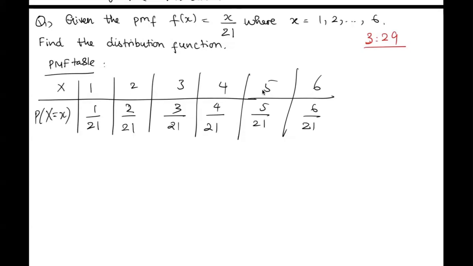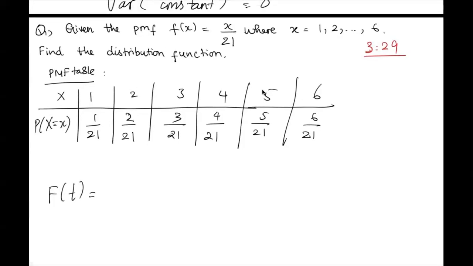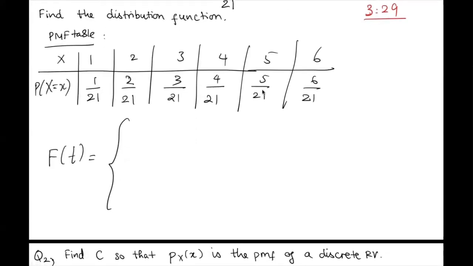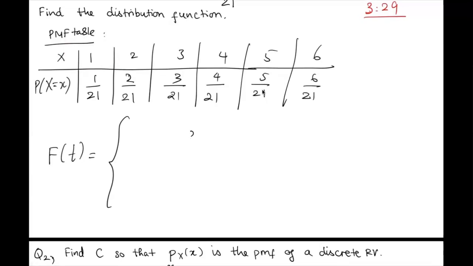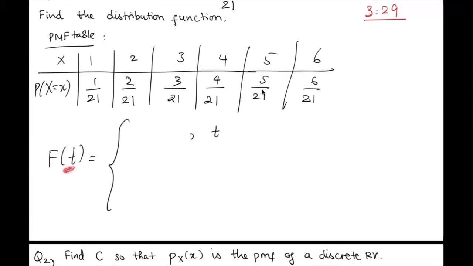Now we want to calculate F of t, the distribution function. So for the distribution function, you have to specify it for all real numbers. We see that x cannot take on any value before 1, right? 1 is the minimum, which means for all inputs that are less than 1, the probability, this one is the probability x is less than or equal to t, right?